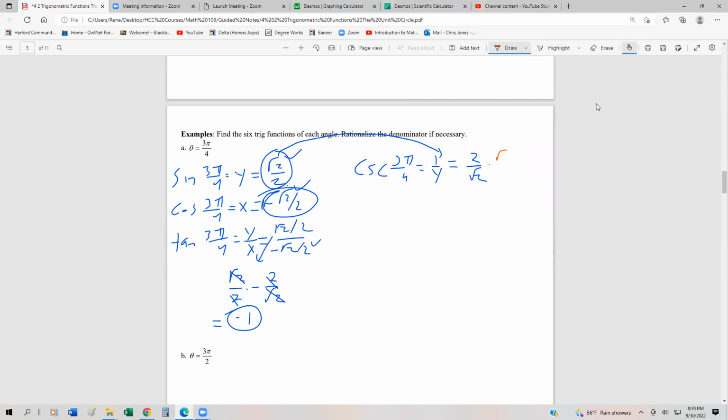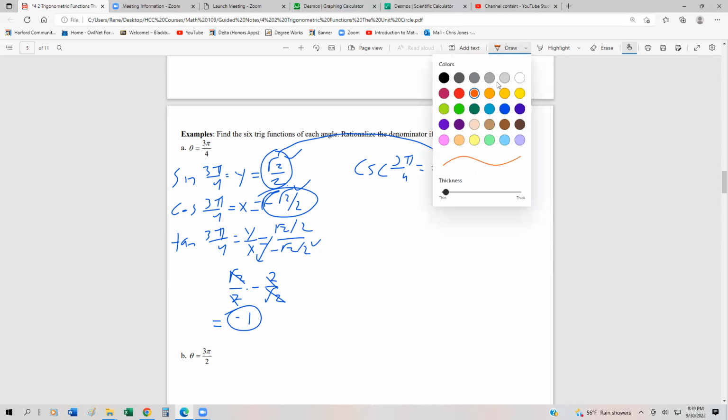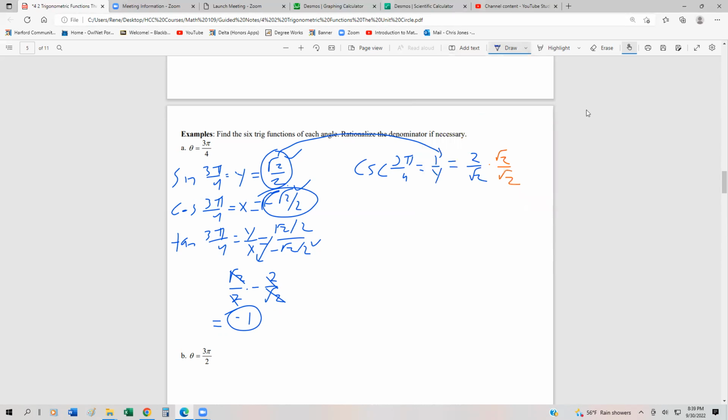So we're just going to multiply by root 2 over root 2. We've seen this one several times already, but never hurts to see it again. That's going to be 2 roots of 2 divided by 2, or that's just going to turn into the square root of 2.